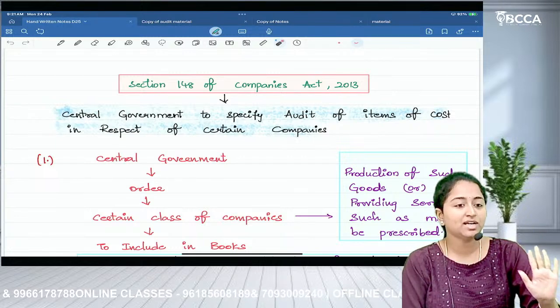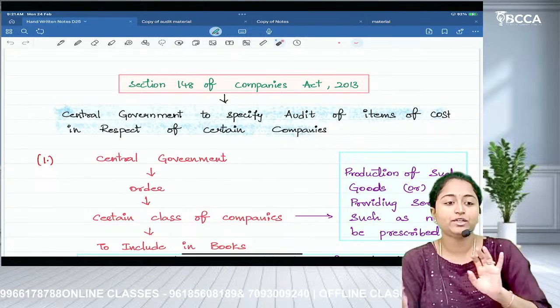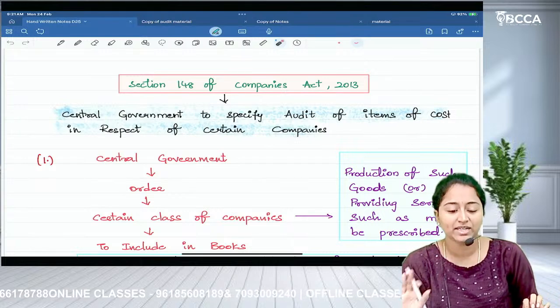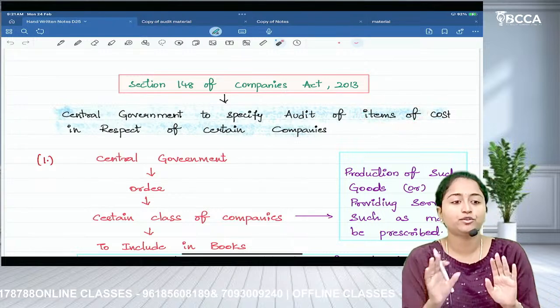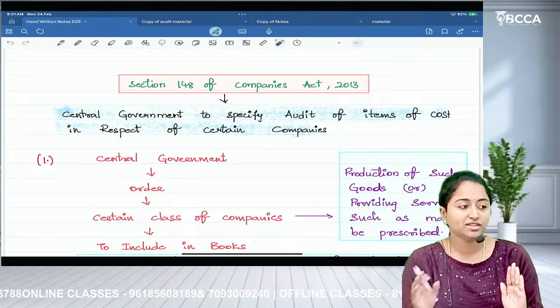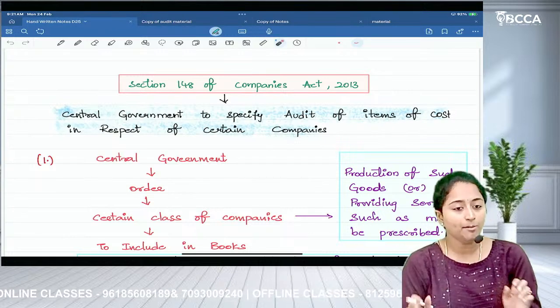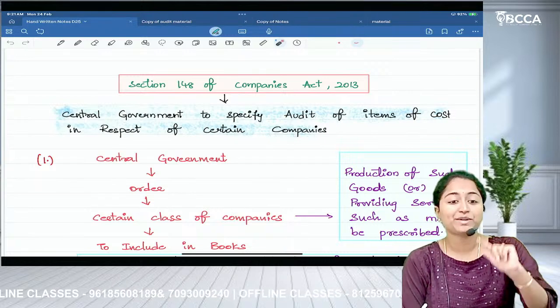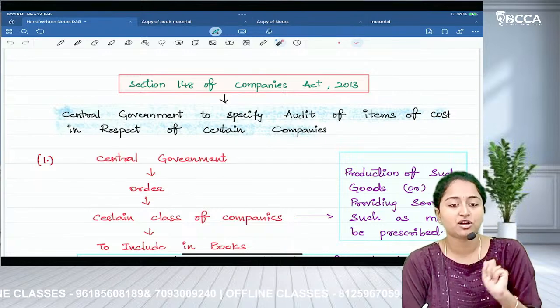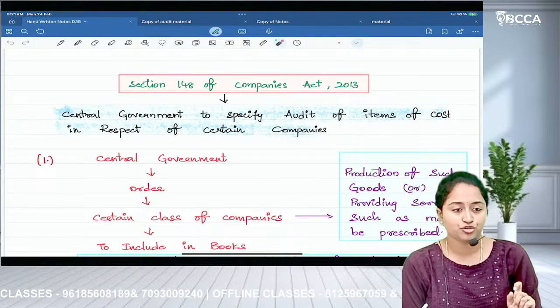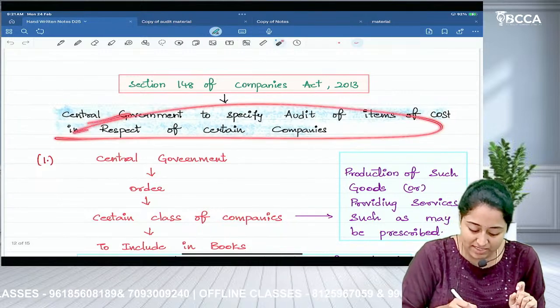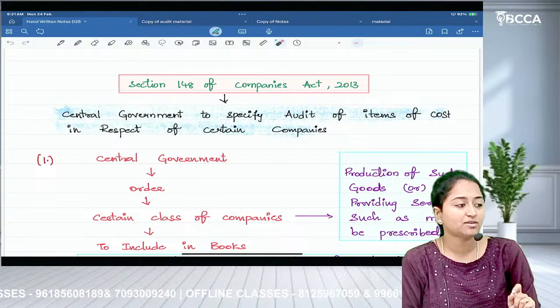The central government can specify to certain industries or companies how items of cost have to be handled, how cost audit has to be done, and how cost records have to be maintained. This is covered under section 148 of Companies Act 2013.